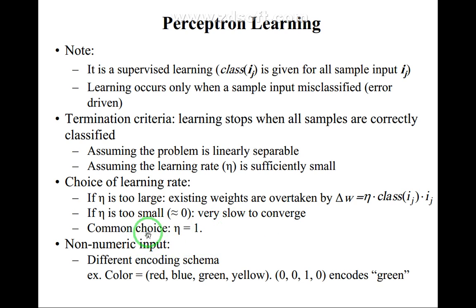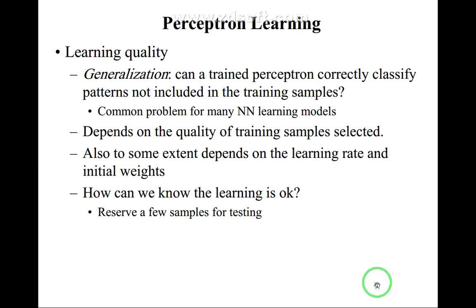Commonly you can set the learning rate to 1 for a single layer perceptron. For non-numeric input, you need a different encoding scheme. For color, for example red, blue, green, yellow, you can use an encoding like 0, 0, 1, 0 for green.